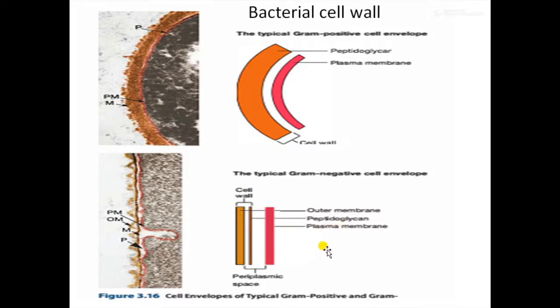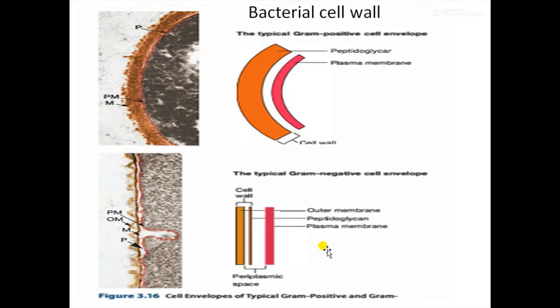And in gram-negative bacteria, you can see that in addition to the peptidoglycan cell wall layer, they also have an outer membrane. And it is on the presence of this outer membrane that the bacteria get classified into gram-positive and gram-negative.